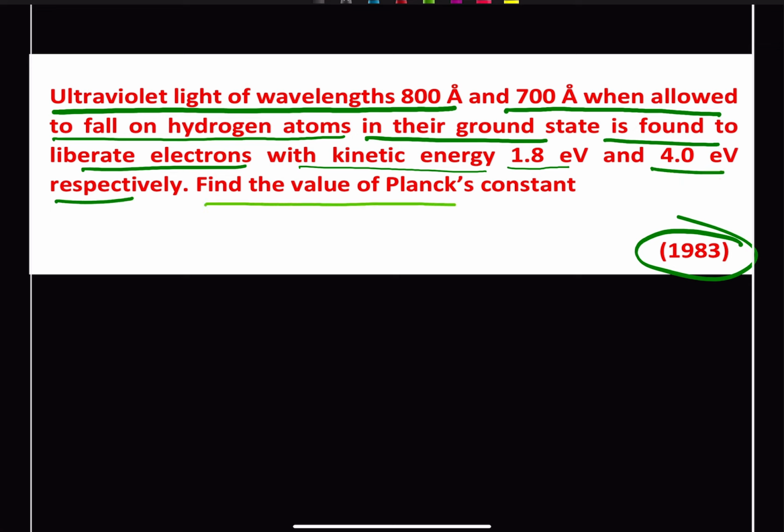Find the value of the Planck's constant. So here we are given two wavelengths, and corresponding to that the kinetic energy of the electrons that are emitted is also given.